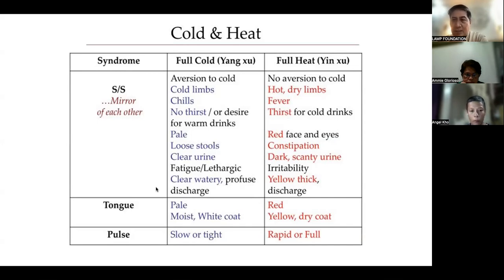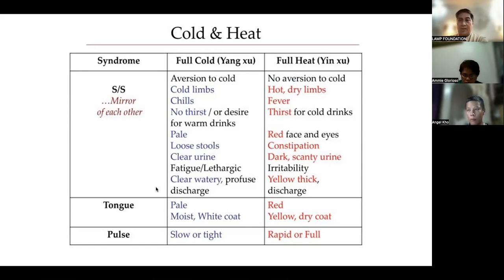Now let's go to full heat, which could be yin deficiency, or it could be empty heat, but this time it's full heat. Okay? No aversion to cold, hot, dry limbs, fever, thirst for cold drinks, red face and eyes, very easy, no? Constipation, dark scanty urine, irritability, yellow thick discharge.